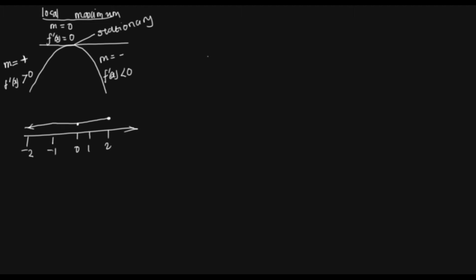Okay, let's have a case where we have a parabola that opens upward. So we can see that here we are going to have a gradient that is equal to a negative number, or we can say f prime of x is less than 0. Then for the stationary point, this is where we are expecting to get a stationary point.